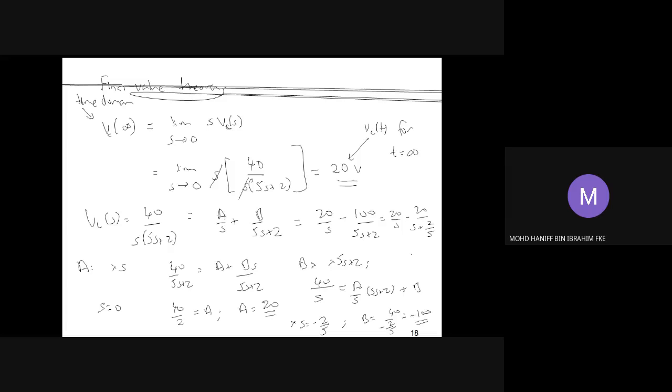That should be your VCS in terms of partial fraction. From here, I believe you can find the VCT straight away by using the inverse of Laplace transform. I need to erase this answer first, sorry.